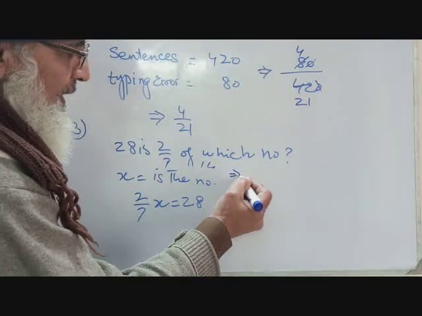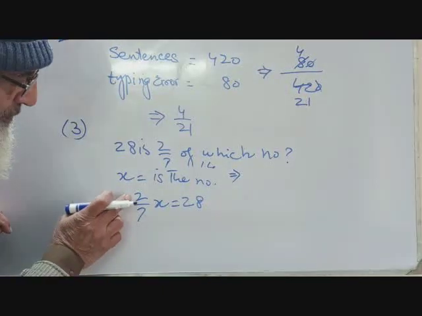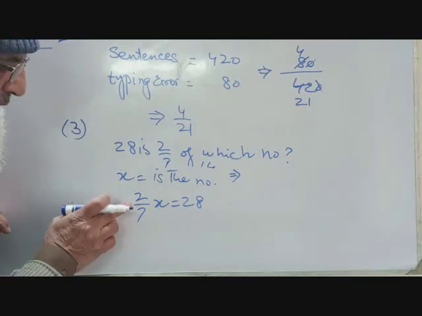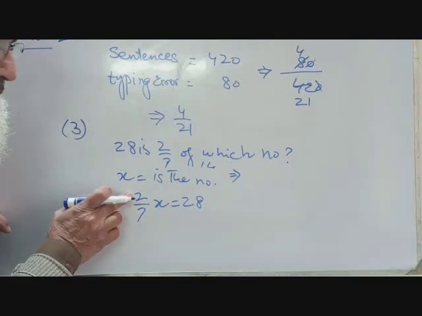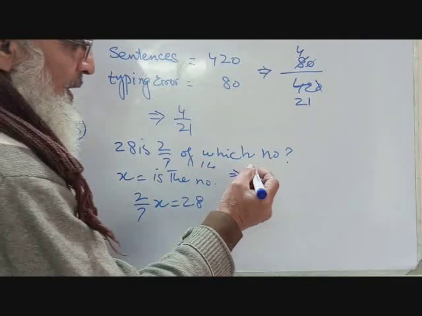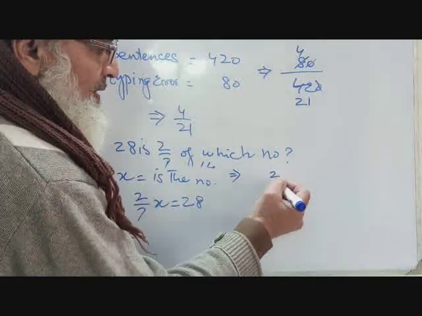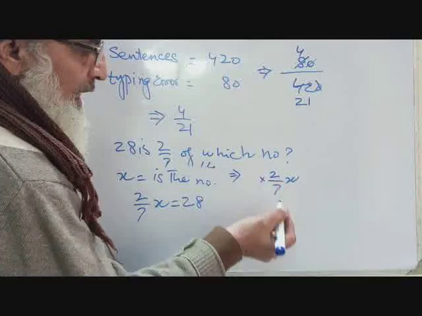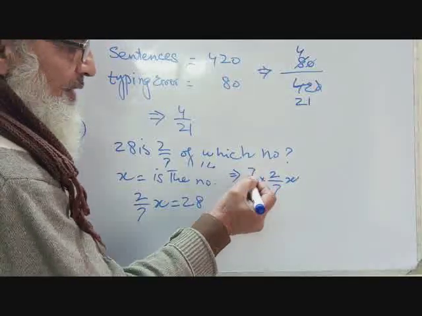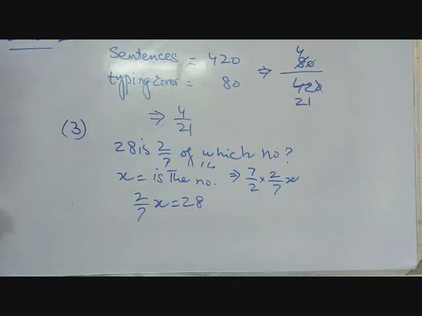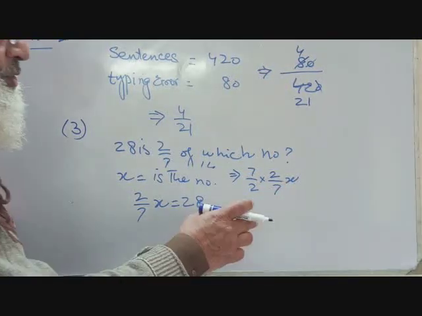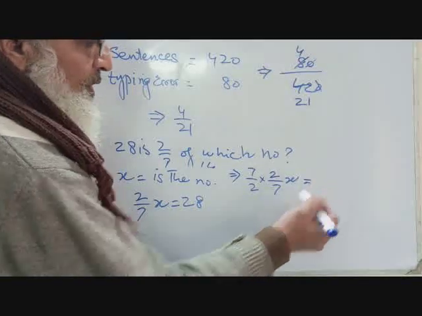How will we proceed here? We will divide this by 7 and this by 2. You see that this is the original fraction, and to eliminate this fraction we have to do it like this, to bring 1 over here. So it is an equation.